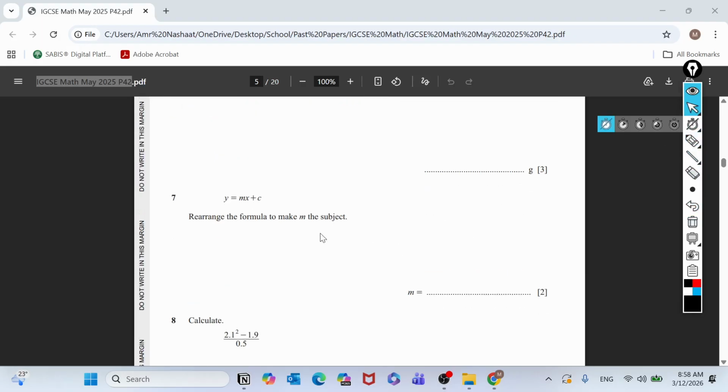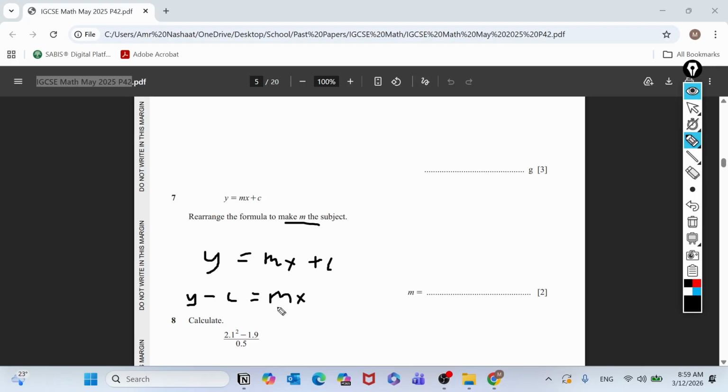Rearrange the formula to make m the subject, so that means have m by itself. So yeah, what are you going to do? You're going to take c to the other side. y equals mx plus c. So you take c to the other side, so y minus c equals mx.